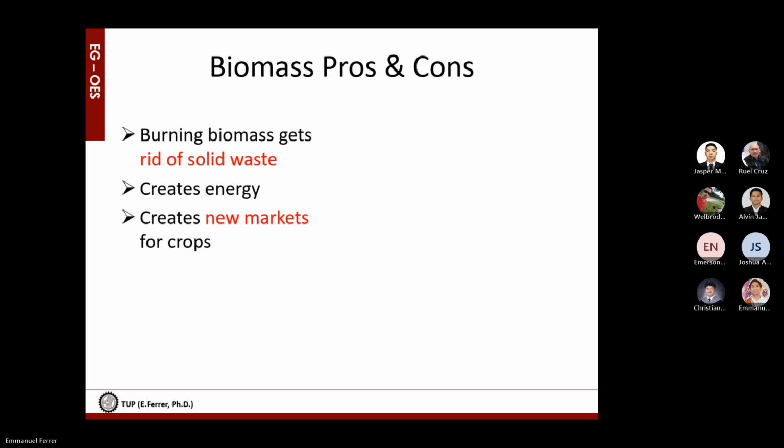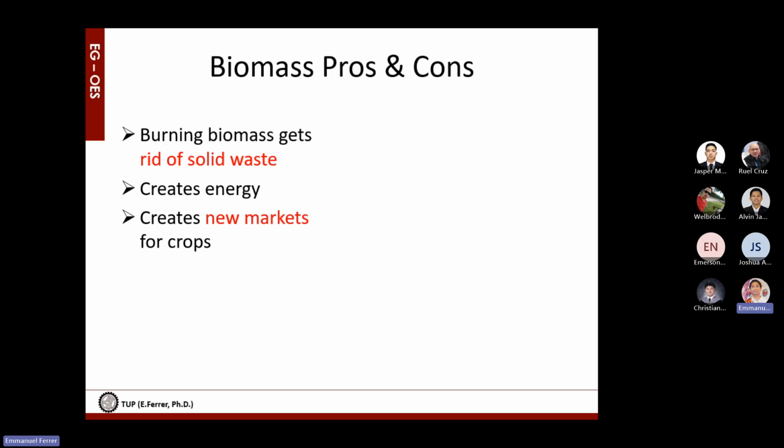Of course, it involves burning, and with combustion you emit combustion gases. Pros: you can burn or get rid of solid waste, which occupies space and decomposes as well. But you get to burn it and use the product for heating and power generation.